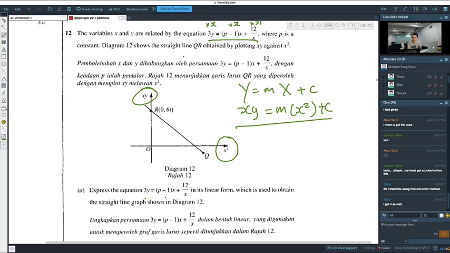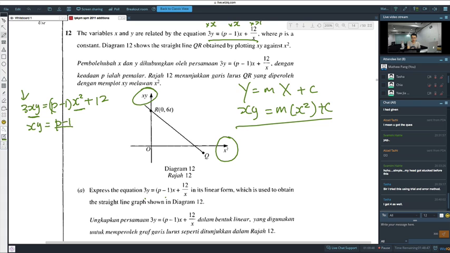If I multiply x for every single term, I will get 3xy equals p minus 1 x squared plus 12. Now I roughly have my y already: y is xy and my x is x squared. But I cannot have the 3 here, so I move my 3 to the other side.